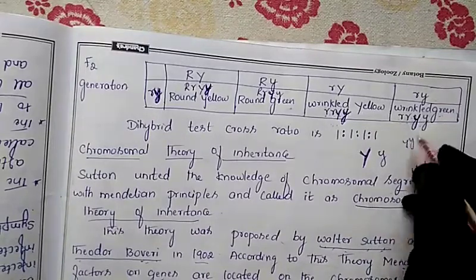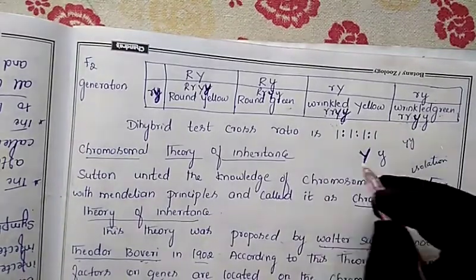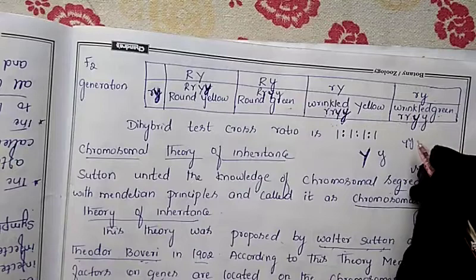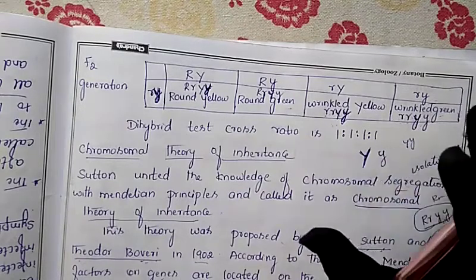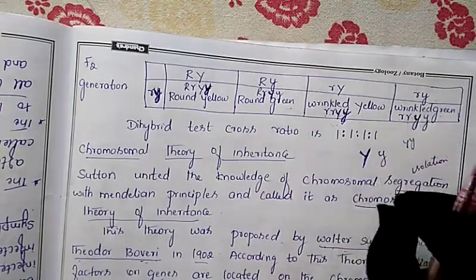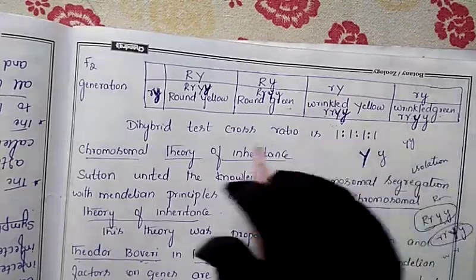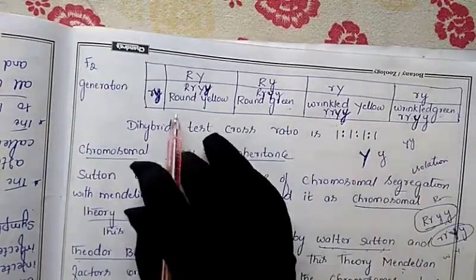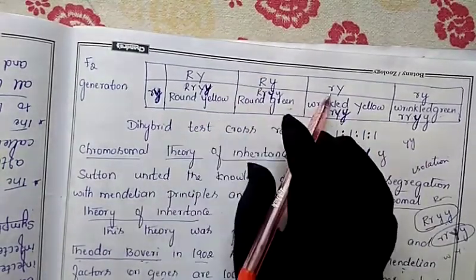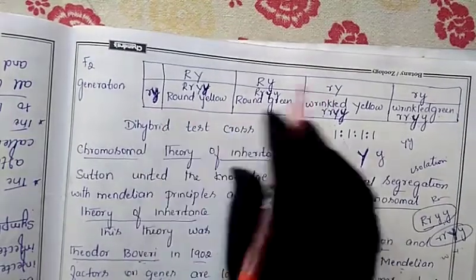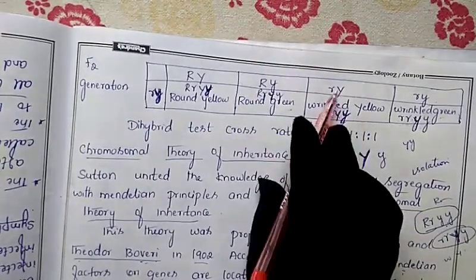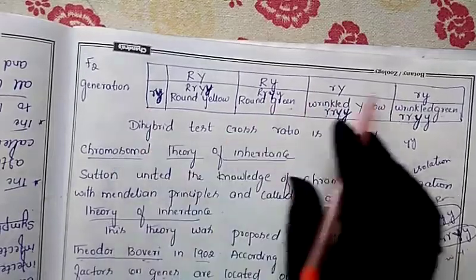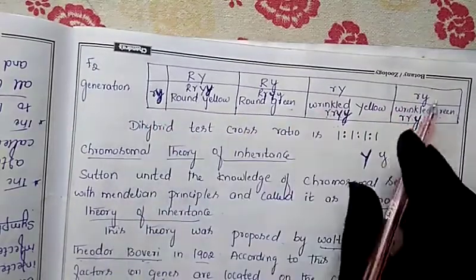If you write both the same way, we are unable to differentiate which is the capital letter and which is the small letter. If not written properly, we are unable to identify which is dominant and which is recessive, so everything comes out wrong. Then small r, capital Y, small y. Again capital Y, small y. Then small r, small y, small y.